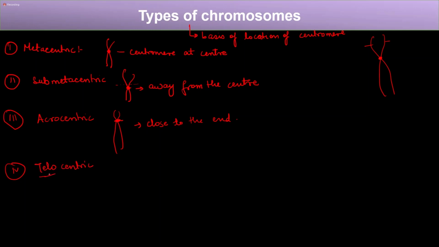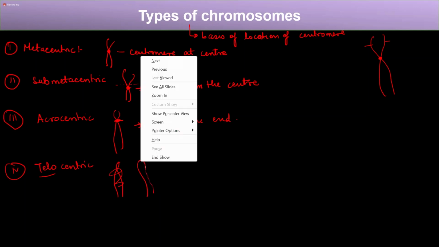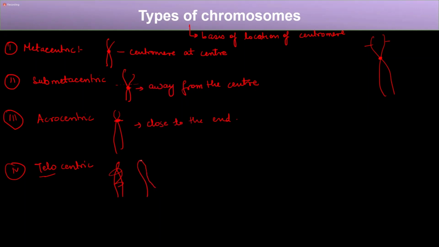And the telomere is the end of the chromosome. So in telocentric, it will be something like this. This is the centromere, and it is located at the end of the chromosome, and this is known as telocentric. So based on the location of the centromere, there are 4 types of chromosomes.